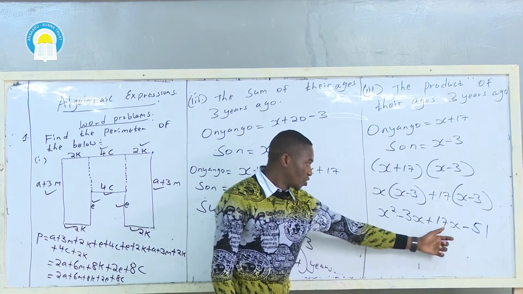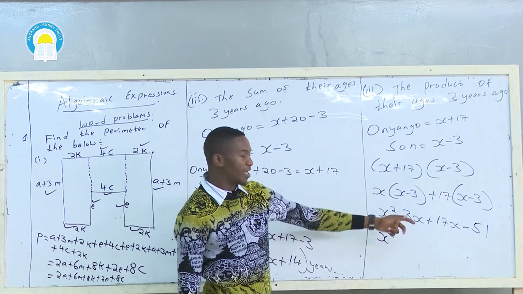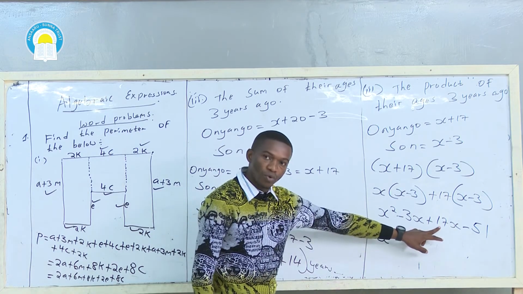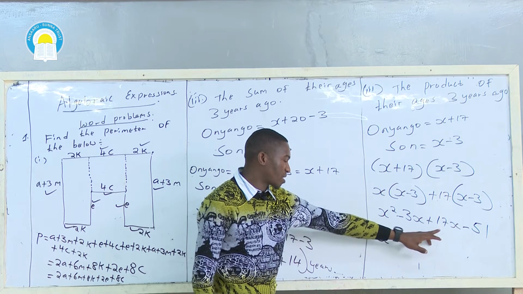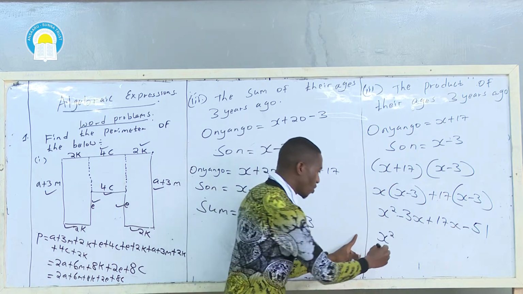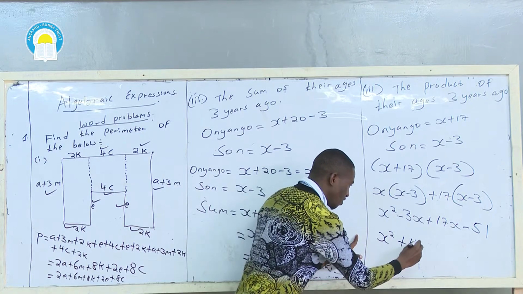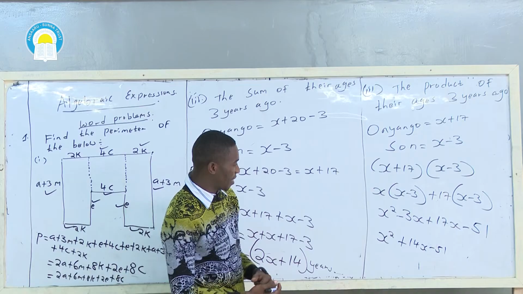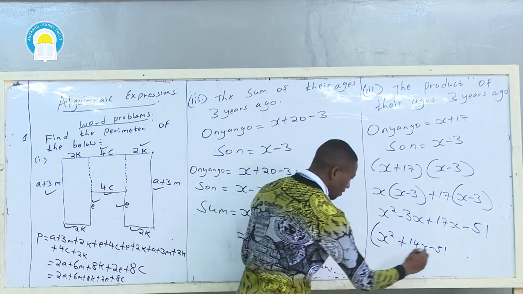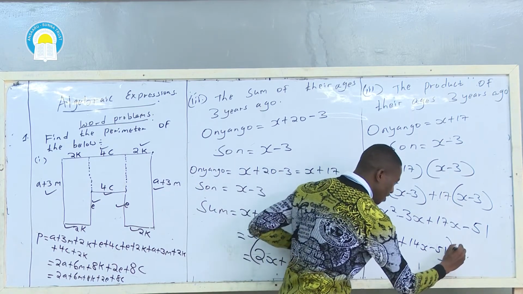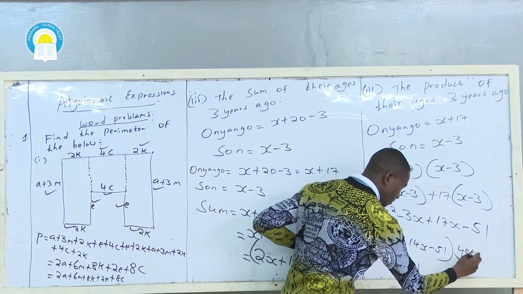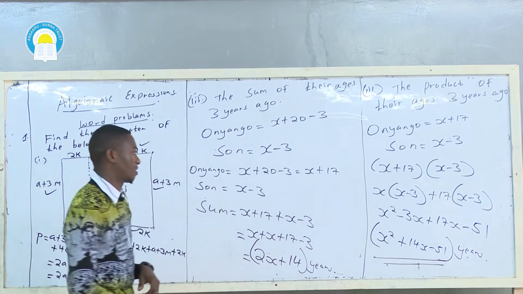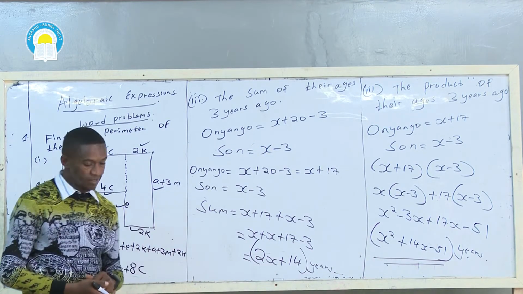So when he paid a debt of 3 to that particular individual whom he owed money, how much was he going to remain with? You just subtract directly. So 17 minus 3, you get positive 14x minus 51. But because they are ages, you just put bracket, then you write years. That one will be the final answer in that particular area.